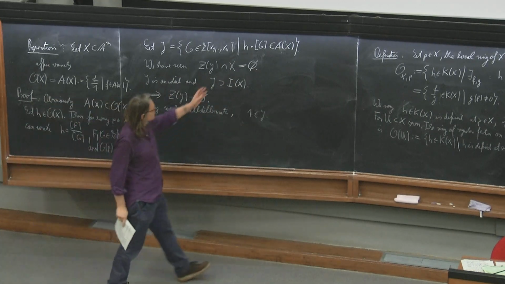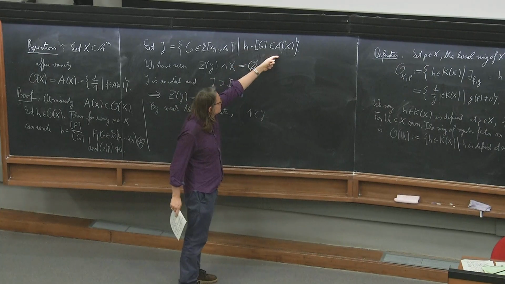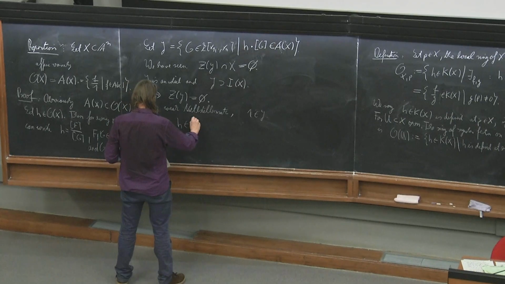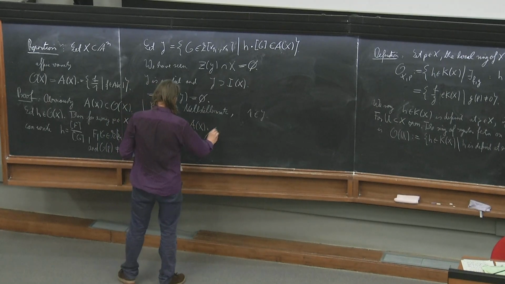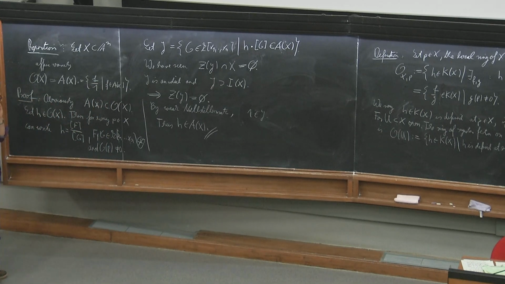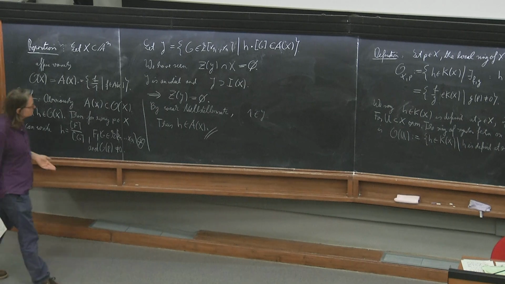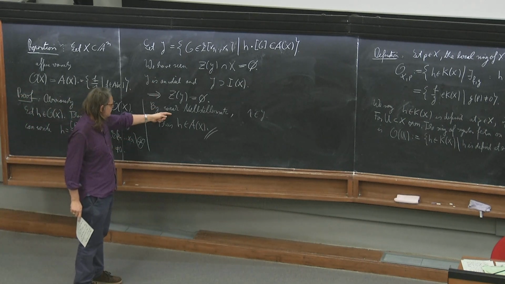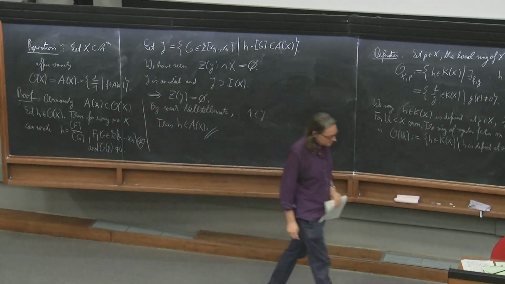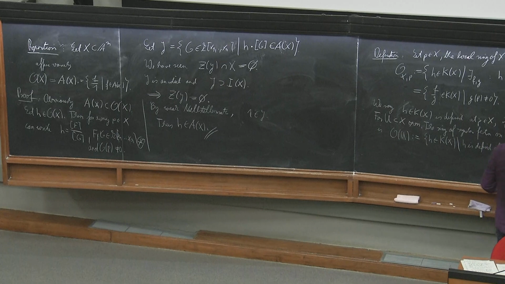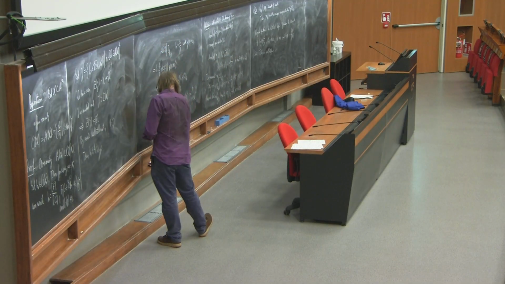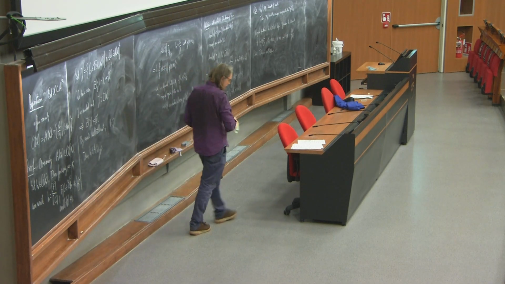If I multiply H by 1, I am in A of X. So H is in A of X. It's a simple proof, but we have been using this rather deep result to obtain it. So it's not obvious.